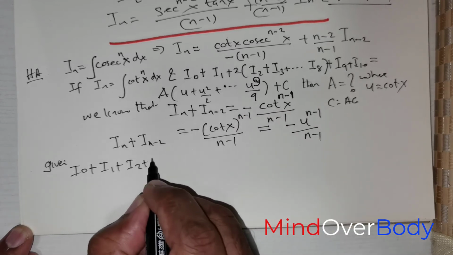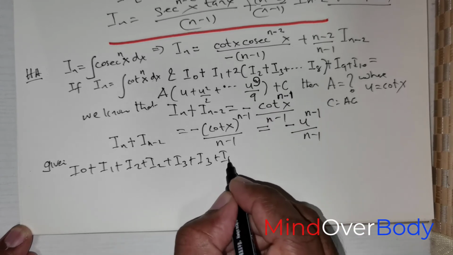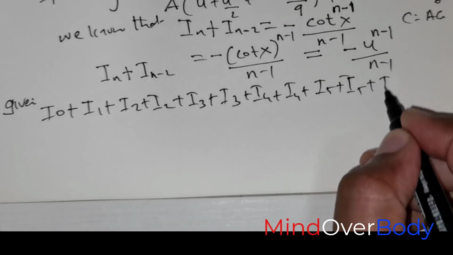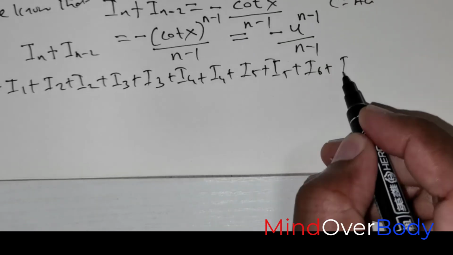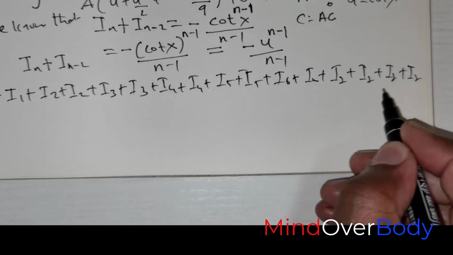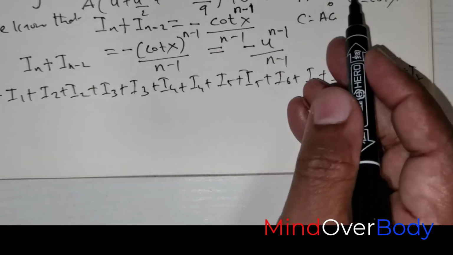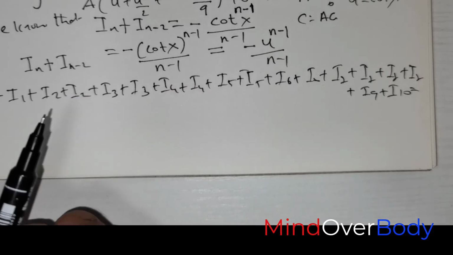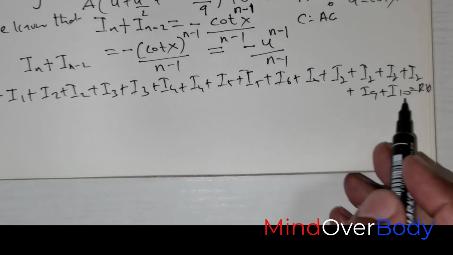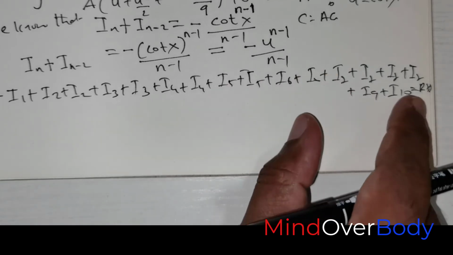So let me write I_2 + I_2 + I_3 occurs twice, I_3 + I_4 + I_4 + I_5 + I_5 + I_6 + I_6 + I_7 + I_7 + I_8 + I_8 + I_9 + I_10 is equal to, of course I am not considering the right hand side, it's understood. Since the space is too limited, I just want to place RHS there.